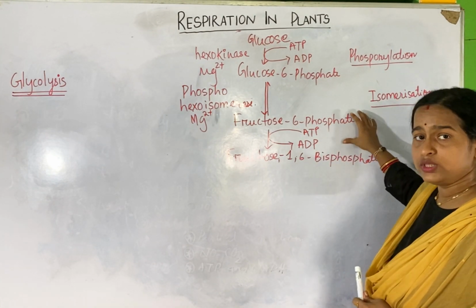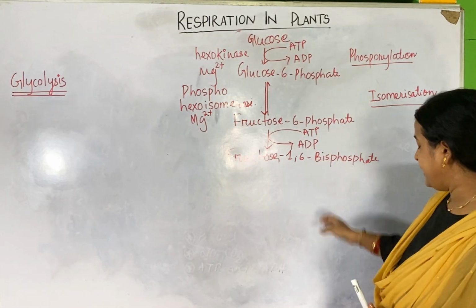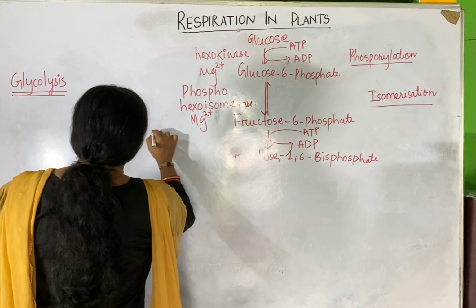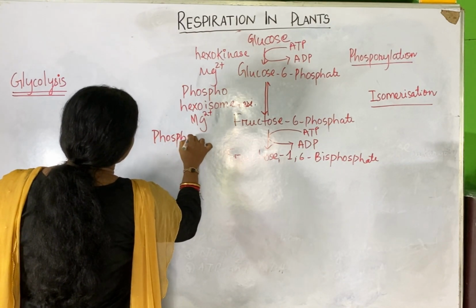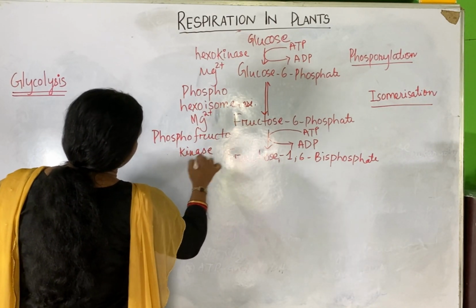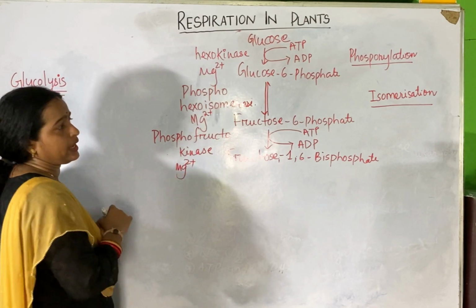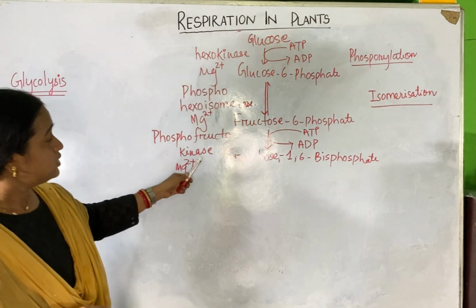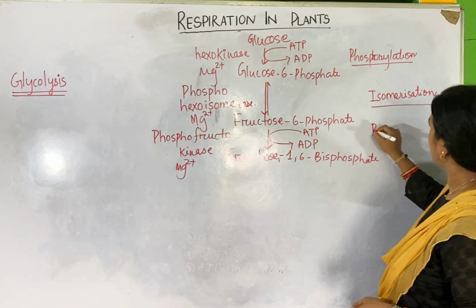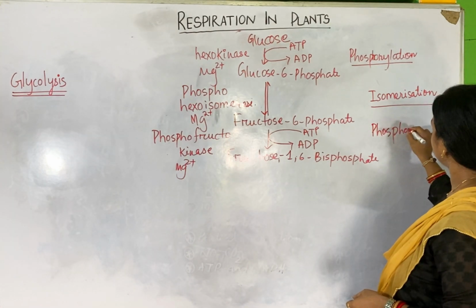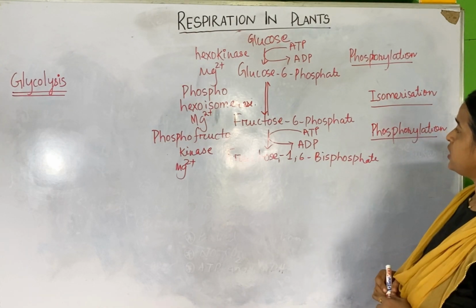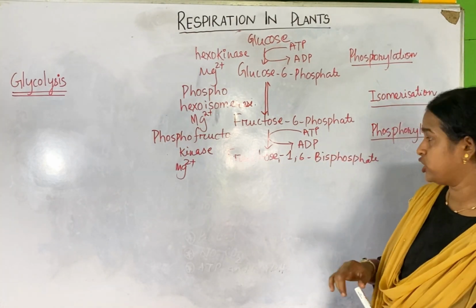So for this conversion also ATP is required, and the enzyme is phosphofructokinase, and magnesium is also required. The conversion of fructose 6-phosphate to fructose 1,6-bisphosphate is also called phosphorylation. Now we get the fructose 1,6-bisphosphate molecule.